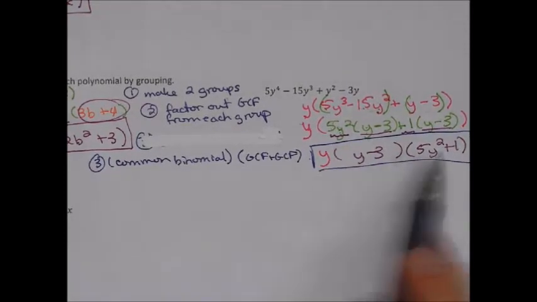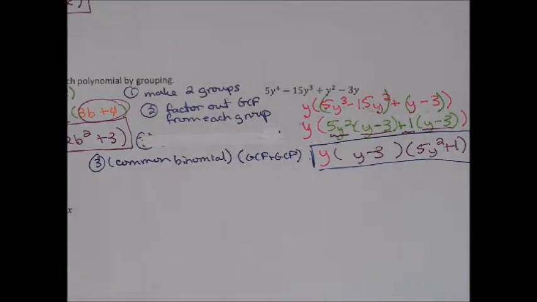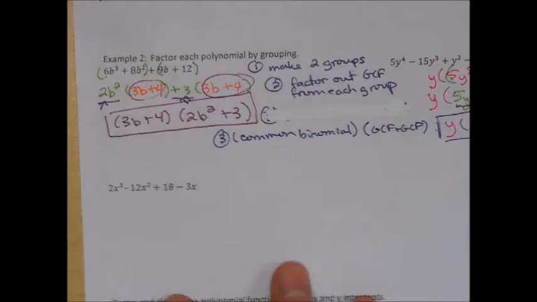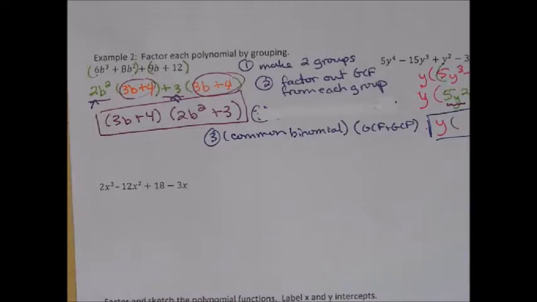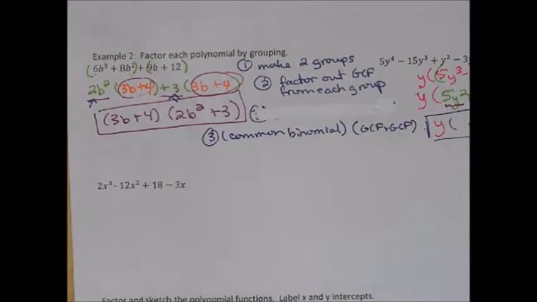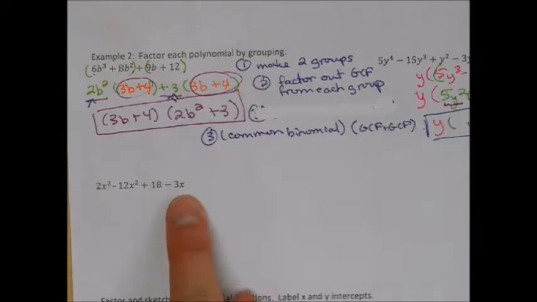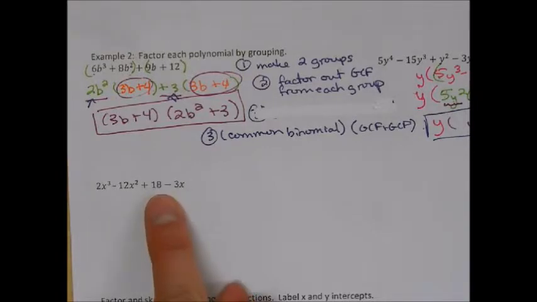Again, check. Can I factor either of those again? No, I cannot. Go ahead and try the third one. Always remember to look to see if we have a GCF overall, like I had the y. I notice I'm ending in an x again, but I notice 18 doesn't have an x.